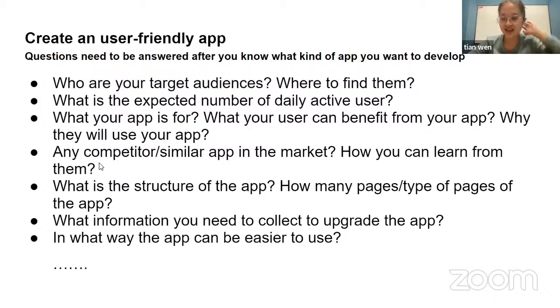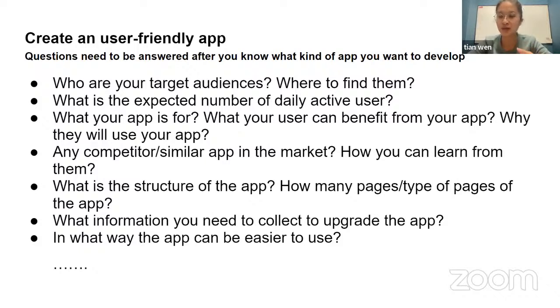I have listed some questions that came into my mind that you have to consider when you start to develop your app. The first one is very similar to what Anna has already discussed: you have to identify your user, who is going to use your app, how they are going to use it, and what kind of benefits your app will bring to them.